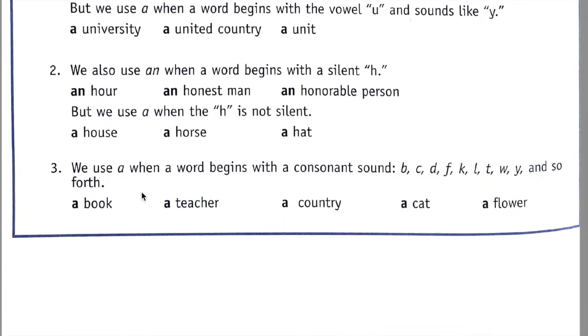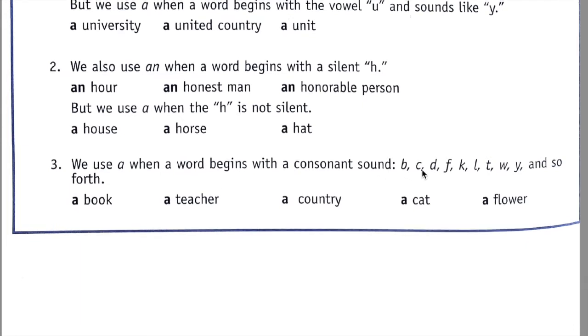We use a when a word begins with the consonant sounds B, C, D, F, K, L, T, W, Y, and so forth, such as a book, a teacher, a country, a cat, a flower.